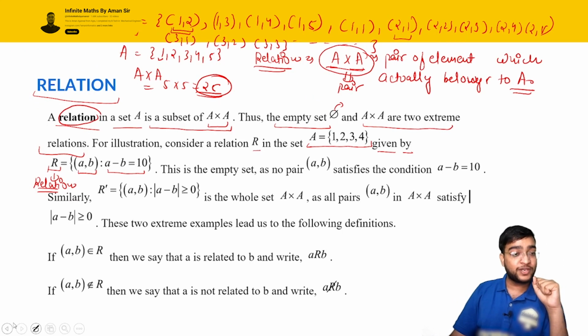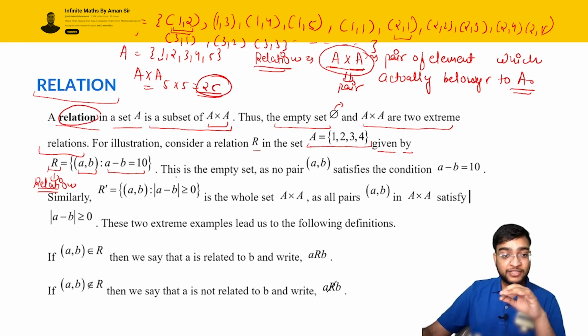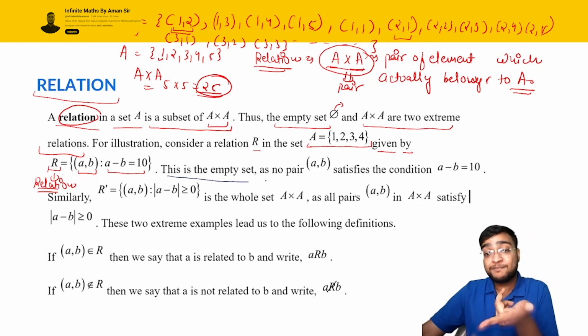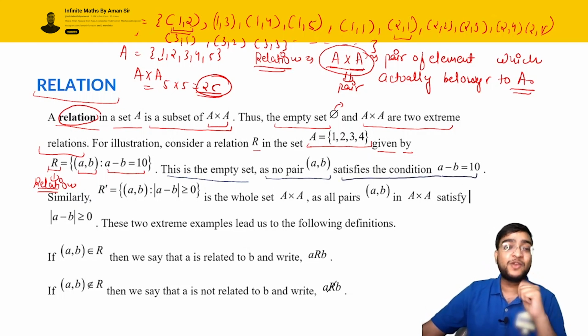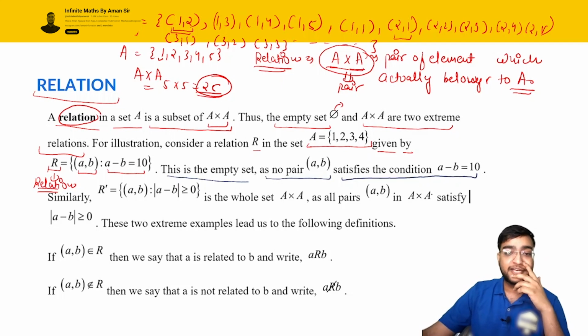So with the help of this example I can say this is the empty set. And what does empty set mean? It means no pair of a comma b satisfies the condition of a minus b equal to 10. Okay sir, I got the point here.